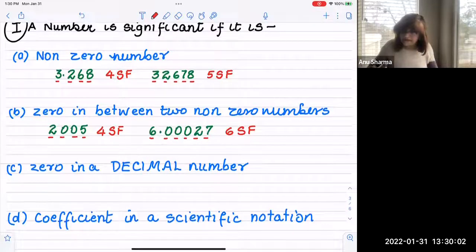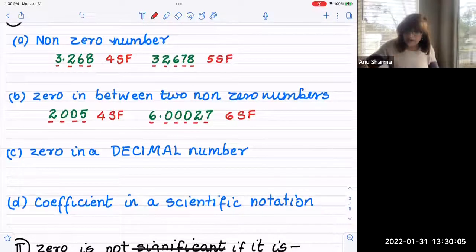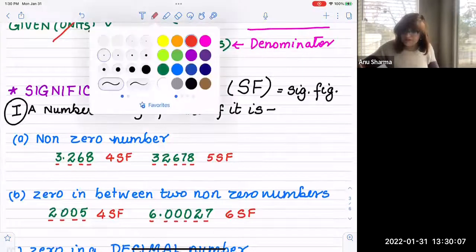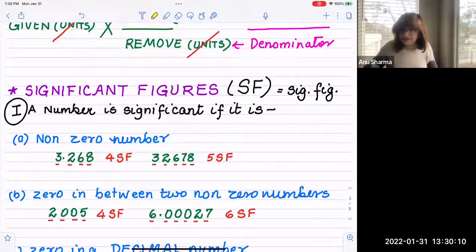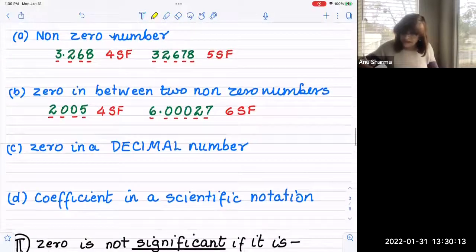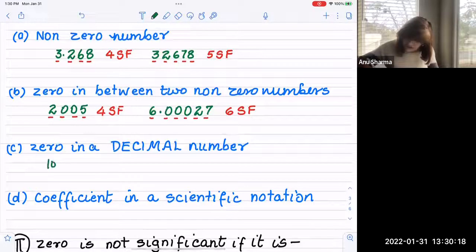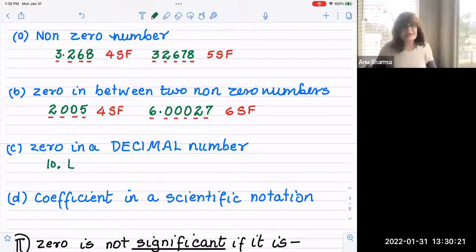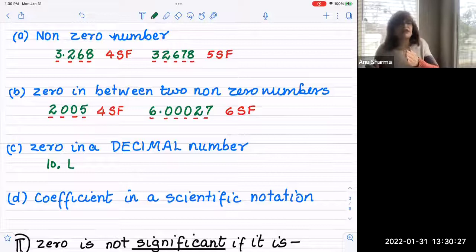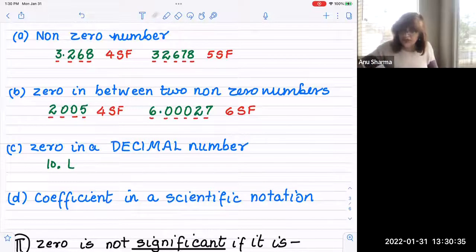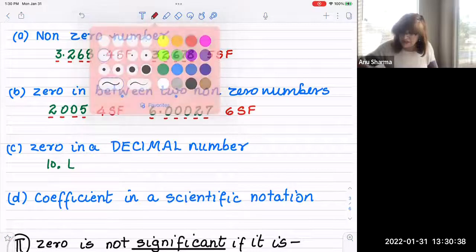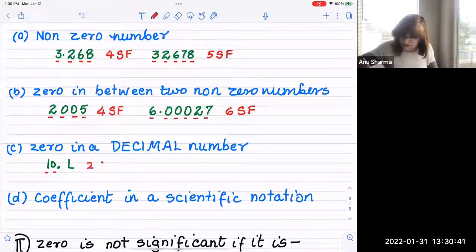Next, a 0 in a decimal number is counted. So remember, all these numbers are significant figures. These are important. It's important that the 0 is counted. The 0 in a decimal number, like for example, you have a number like 10. liters. What does this mean? This means that it has to be exactly 10, not 10.1, not 9.99 or something, exactly 10. That's an exact measurement. So in this case, we have 1, 2 significant figures.